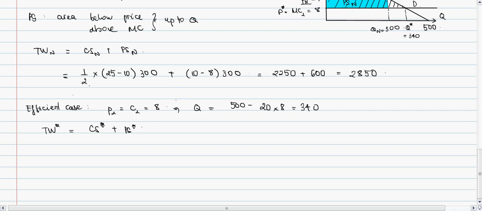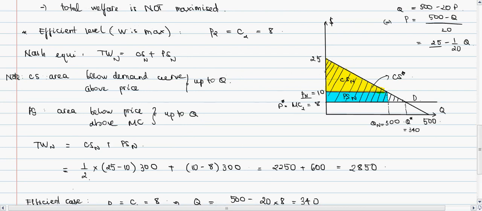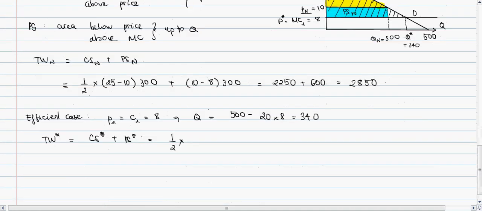Alright, so the efficient consumer surplus is going to be the big triangle, so it's equal to half of the vertical multiplied by the horizontal. Now the vertical is the difference between 25 and the price, which is 8.